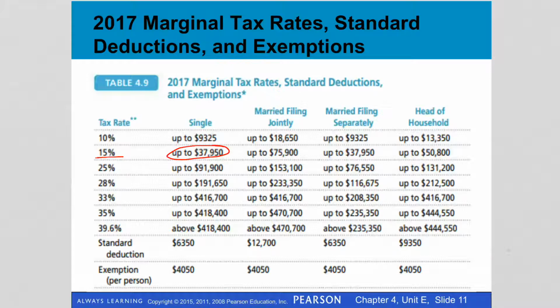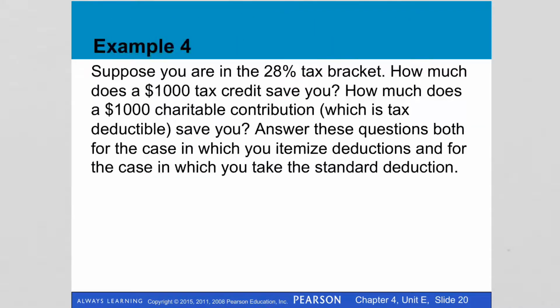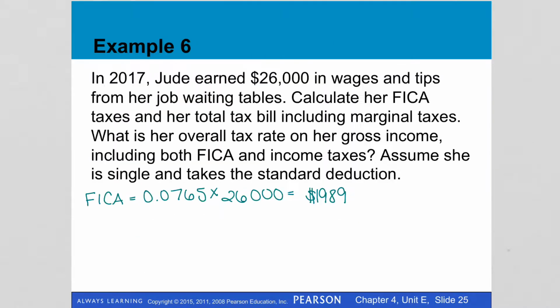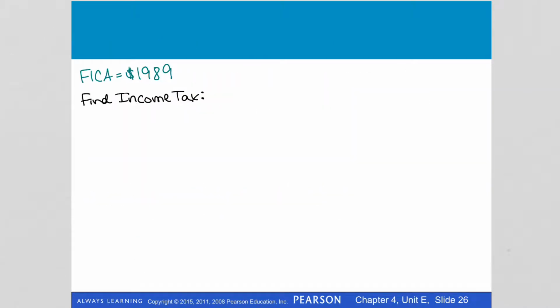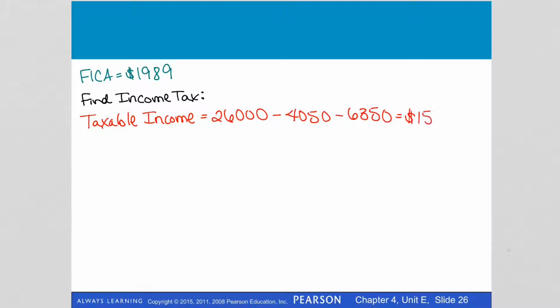And it gives her a $6,350 deduction and a $4,050 exemption. So, her taxable income: $26,000. Take off the exemption and the deduction that I underlined down there at the bottom. And so her taxable income is $15,600.